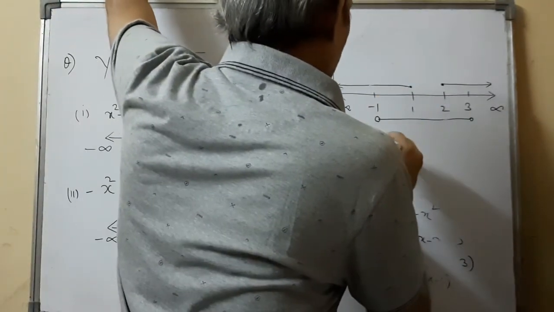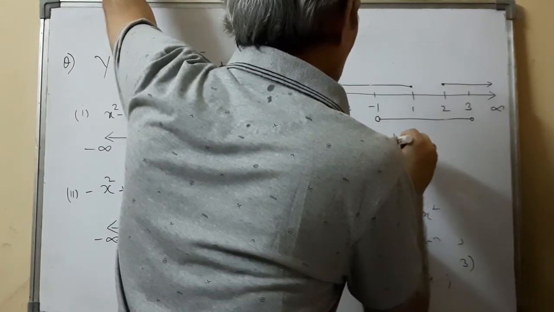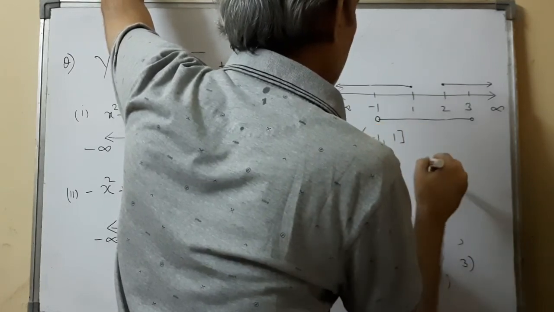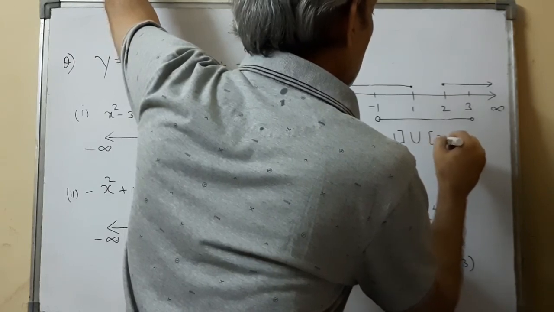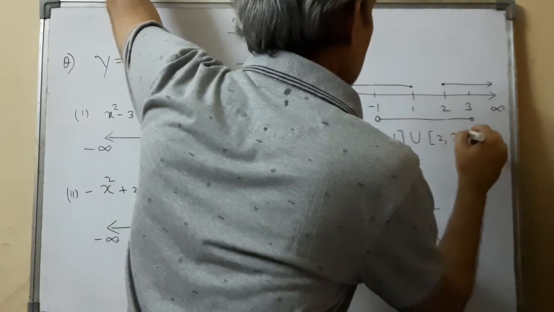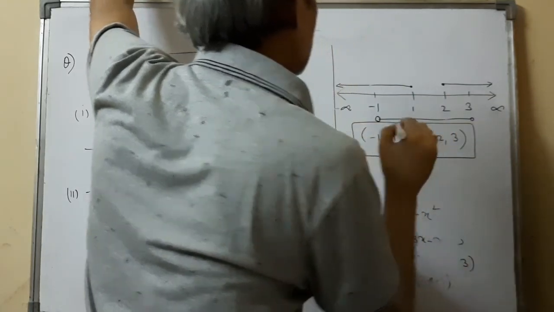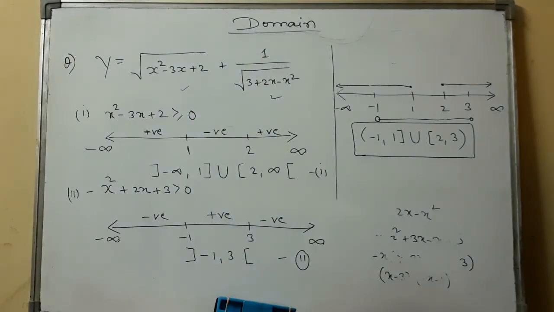So finally we are getting minus 1 to 1, 1 is included, minus 1 is open, union 2 is included and 3 is open. So this is the final answer. Minus 1 to 1, 1 is included, and 2 to 3, 2 is included.